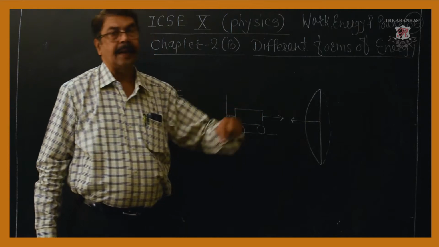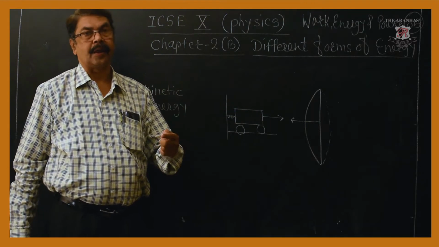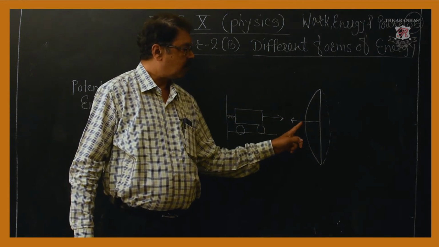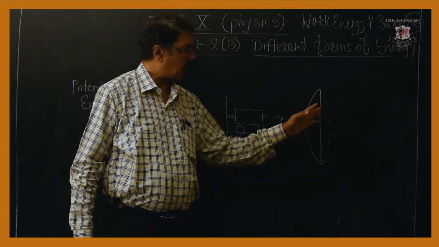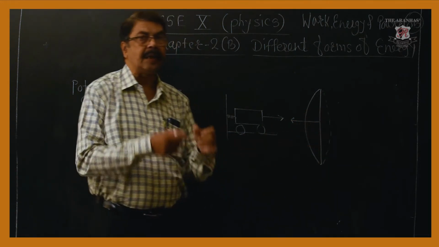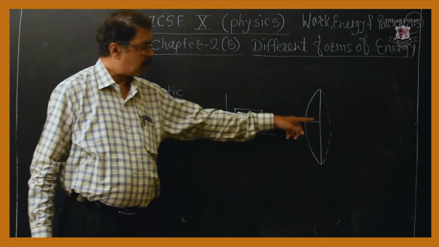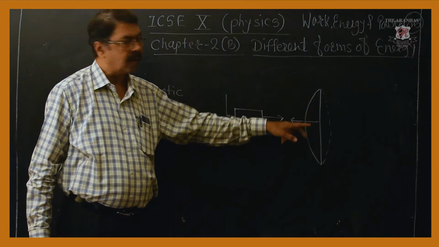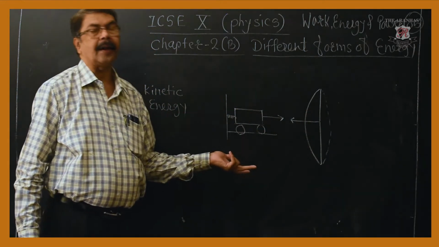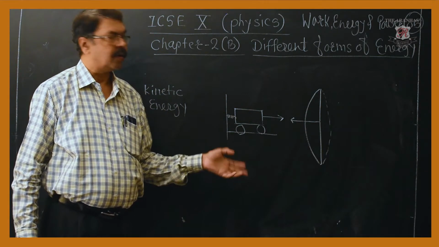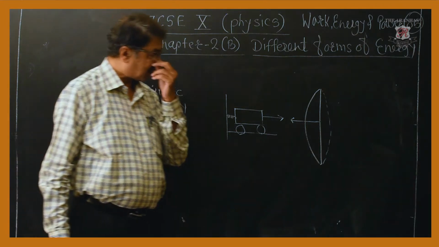So you are generating elastic potential energy by doing work. Now that potential energy, when you release, this arrow will start moving. So the potential energy of the bow is converted into kinetic energy of the arrow. Such types of conversions are there.